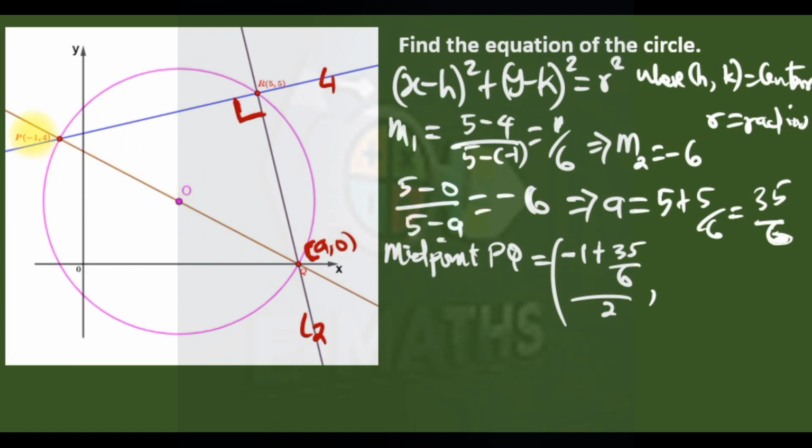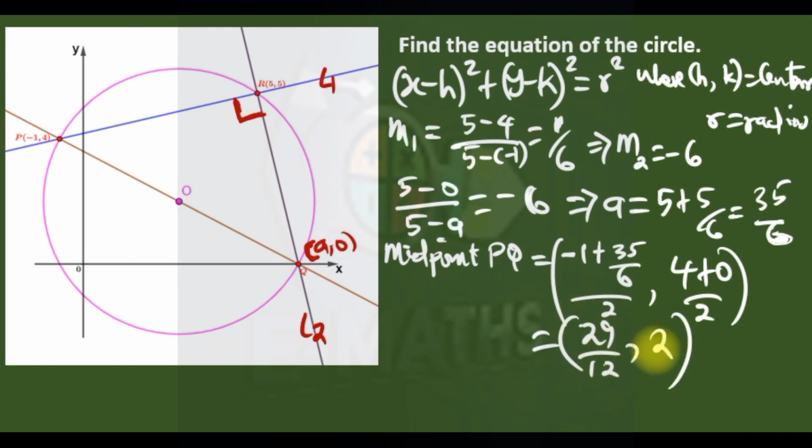For x, it is (-1 + 35 over 6) over 2, and for y, (4 + 0) over 2. So 35 minus 6 is 29, giving 29 over 12, comma 2. So that's the coordinate of the center.